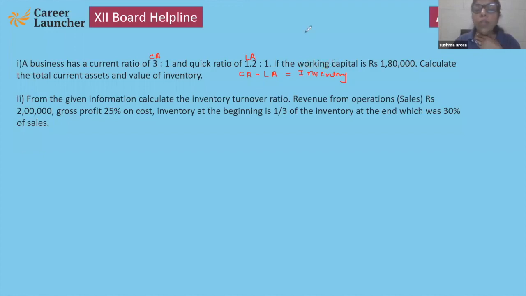So in this one, for working capital, we have to use a very simple formula. CA minus CL is equal to working capital. This is CA, this is CL, and that will be equal to 1,80,000. See here, 3x minus 1x is equal to 1,80,000.